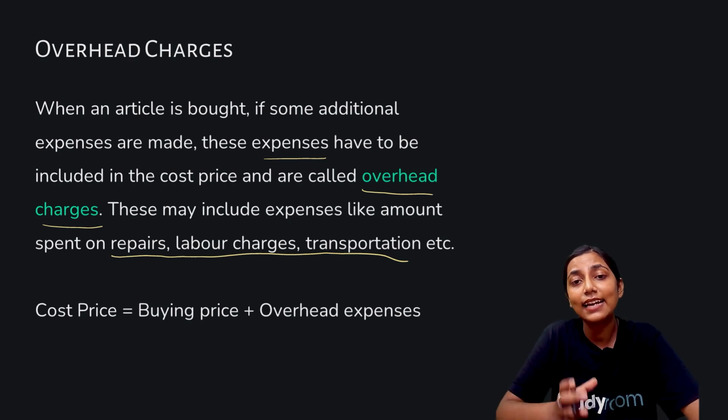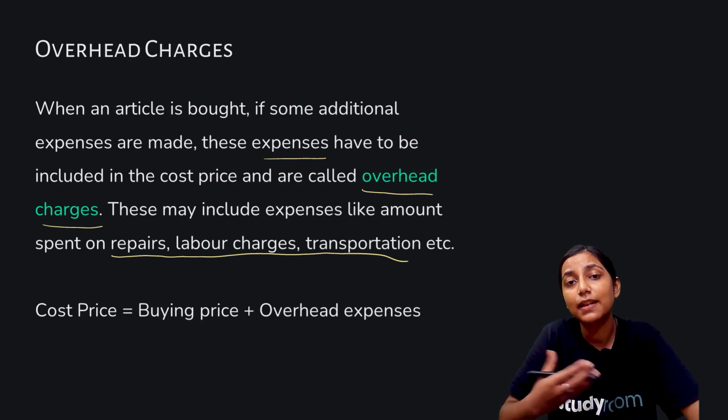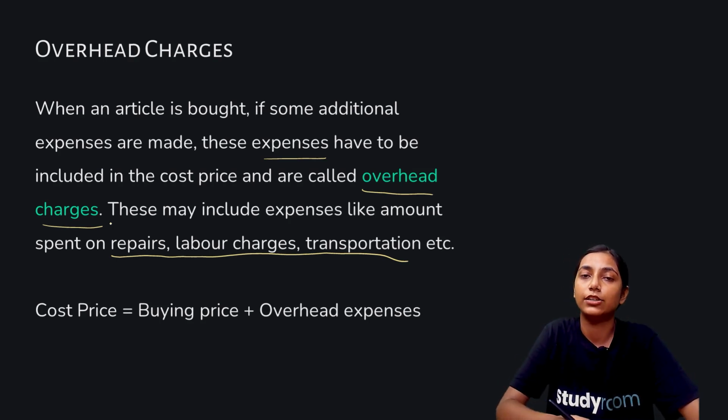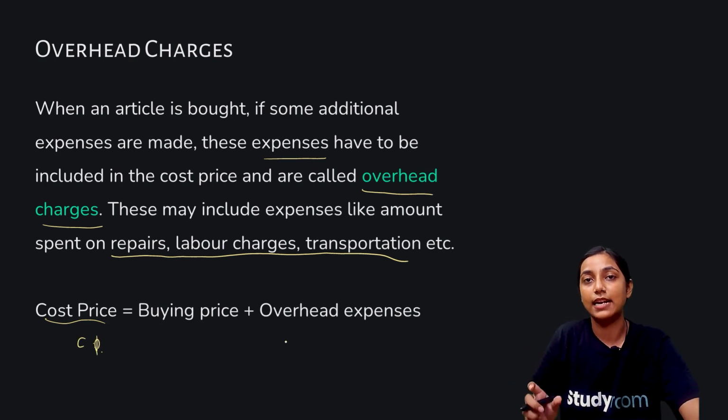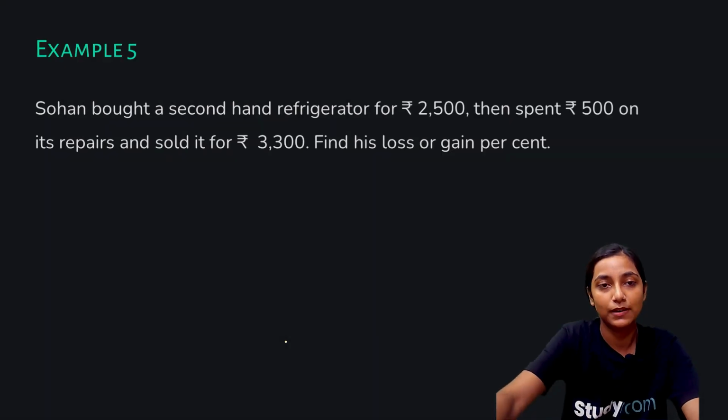All these additional expenses that we make are known as overhead charges. These are some of the examples. When we have to make these additional expenses, in such cases, what will be the cost price? The total cost price CP will be buying price plus these overhead expenses. So this is the cost price in such cases.